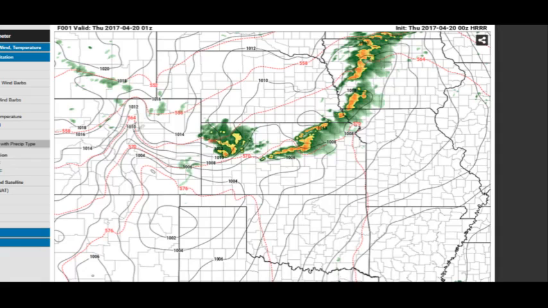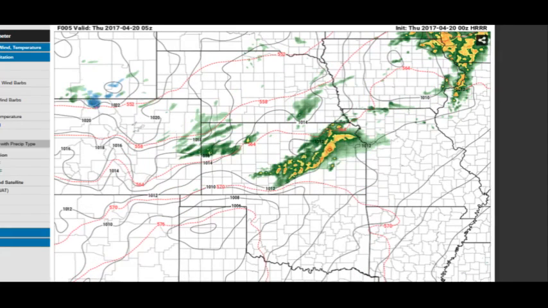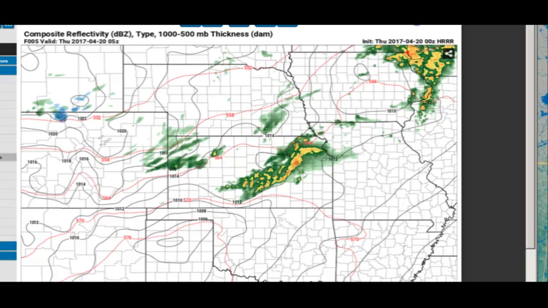So let's head into the forecast for tonight. This is the High-Resolution Rapid Refresh model data. This is the simulated radar. So this is what I would use in this situation from 0 out through 7 or 8 hours. And we can see that we kind of lose organization on these storms in Iowa, and they kind of disappear.